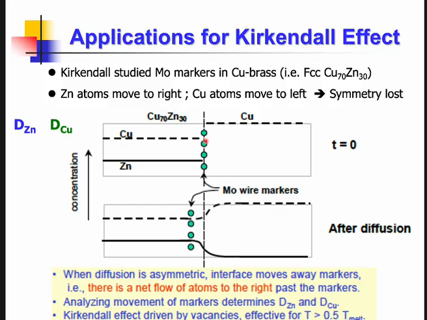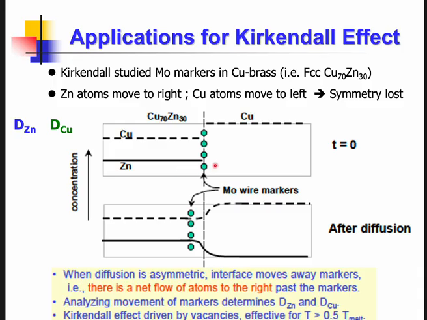So based on these results, what can you get from this observation? More specifically, is the diffusivity of zinc larger or smaller than copper, based on this observation? On your left-hand side, we have more zinc compared to the right-hand side.